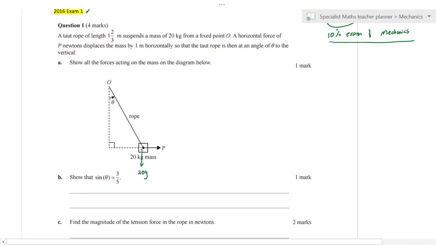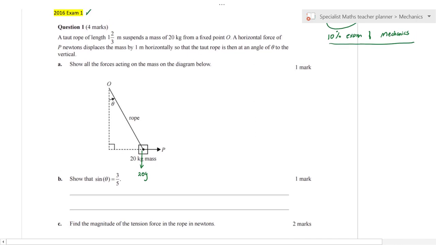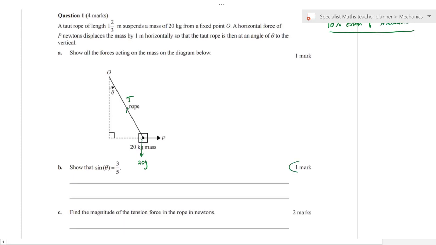Show all the forces acting on the diagram. So we know that this is in equilibrium. You've got to draw 20g, and then, be careful, the horizontal force P. We're just going to write T for tension. Okay, T for tension, done. There you go, 1 mark, the easiest mark.